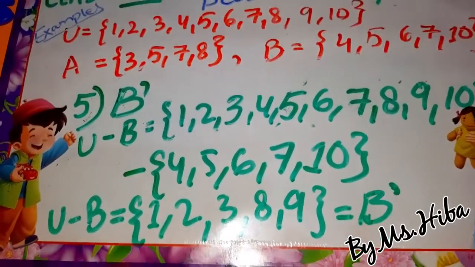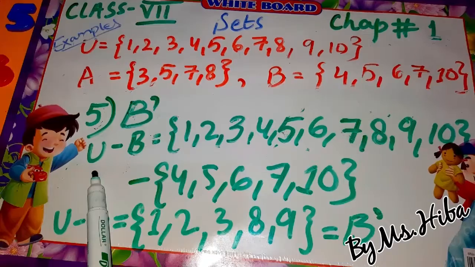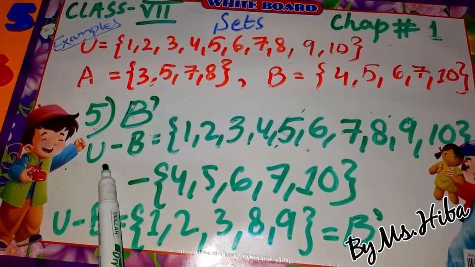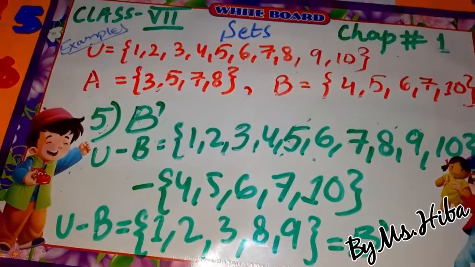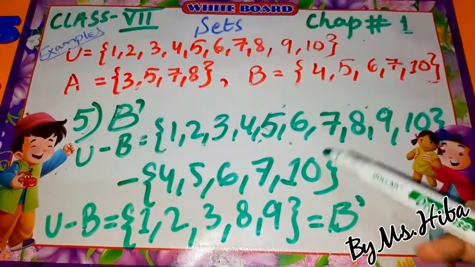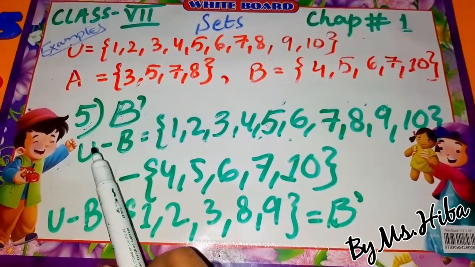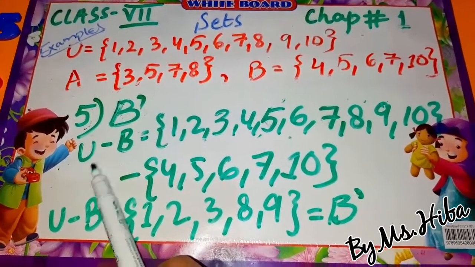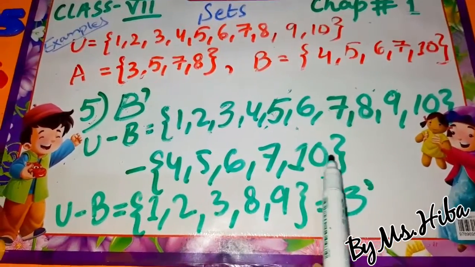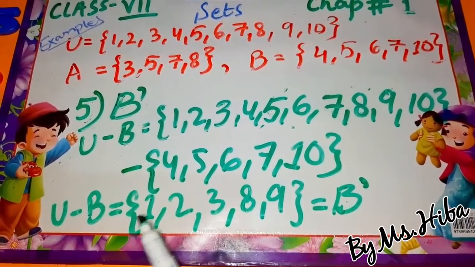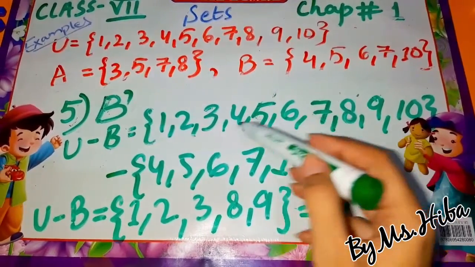Now check the answer for question number 5, which was B complement. For the complement we require the universal set, then subtracted by B. So I write the universal set, then subtract B. The answer for B complement is 1, 2, 3, 8, 9, because the common numbers will cancel out.